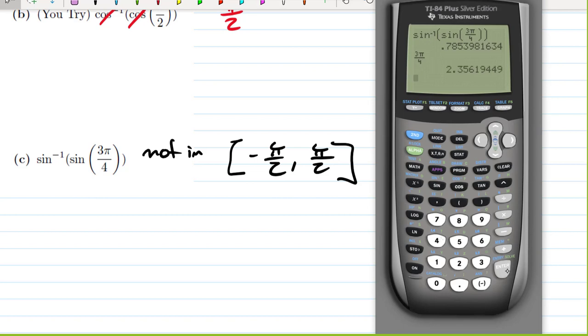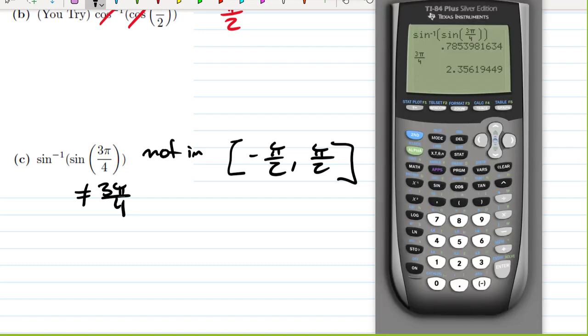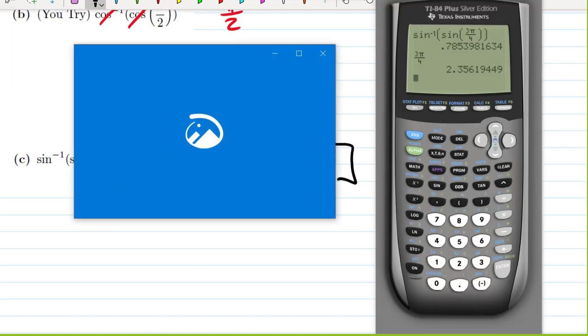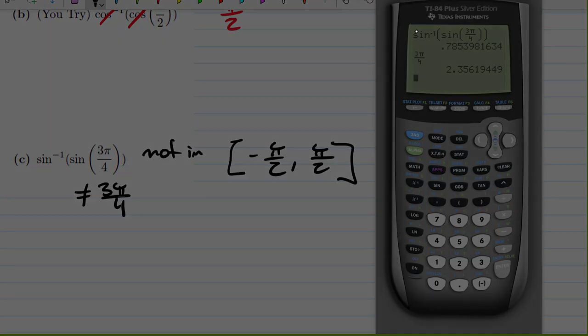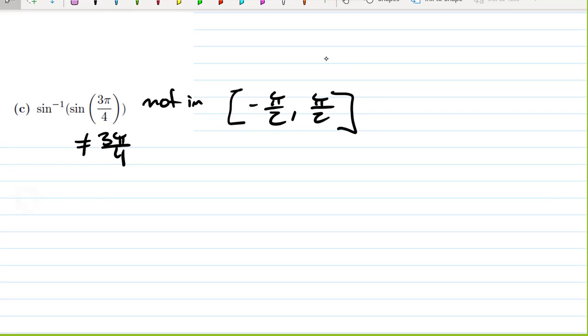And the answer is no. So that's interesting. So we see that they're not the same. So this does not equal 3 pi over 4, as we just saw on our calculator. But it did give us some value, right? So let's see if we can figure out what that value is and why we got what we got.